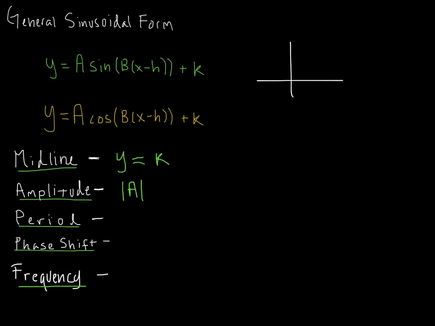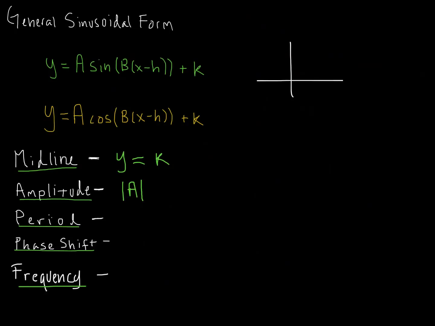The period, well, we noticed that when we changed b, we were increasing or decreasing the period. And in particular, when we made b a bigger value, we were decreasing the period. So if you remember, when we have just a basic sine function or cosine function, the period was 2 pi.